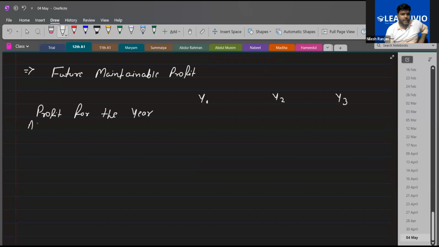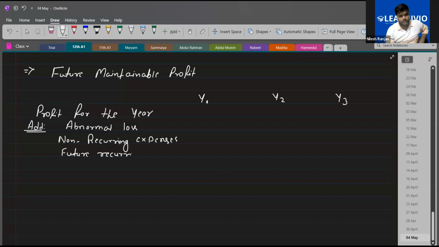Then you will add any abnormal loss, any non-recurring expenses, and any future recurring income. These three will be added.